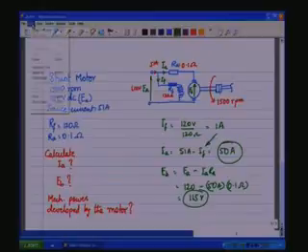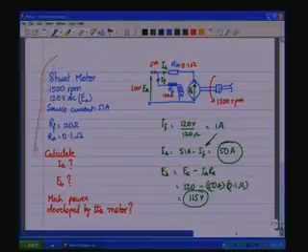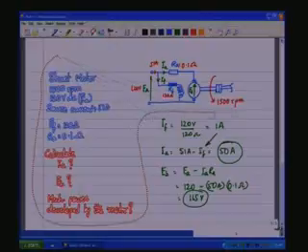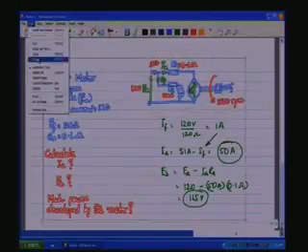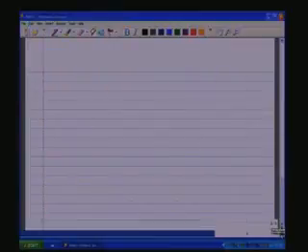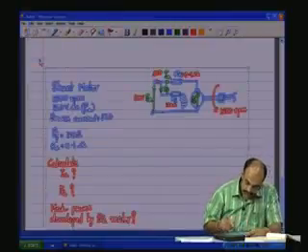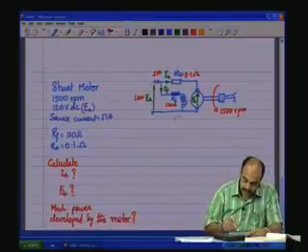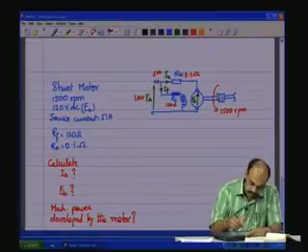Now the final point in this problem is that we need to find the mechanical power which is given to the load.